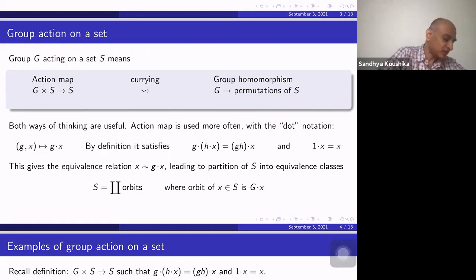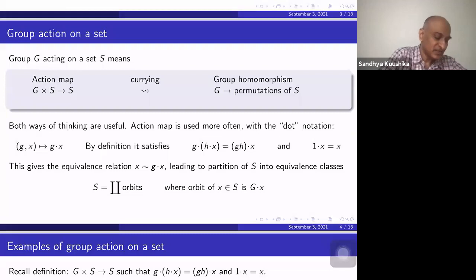And you have this dot notation. You don't really give a name to this map. If there are several actions, then you just rely on the context to see which action is being talked about. So the pair G comma X just goes to G dot X. And often we even delete the dot, though I will try to be careful and always keep it here.